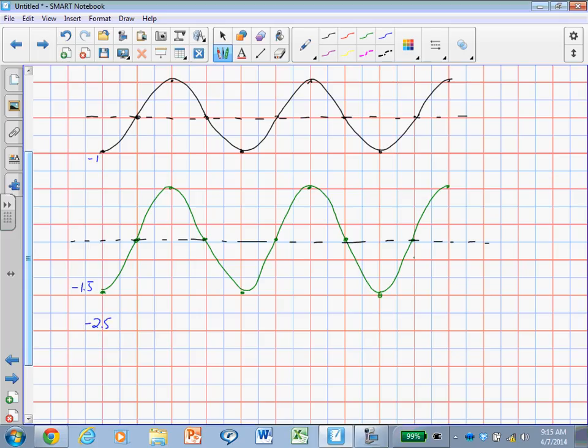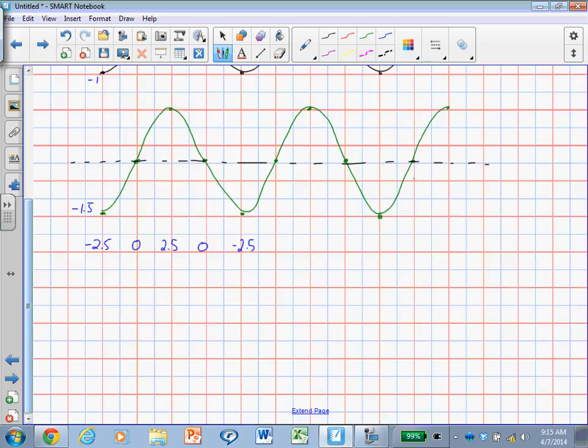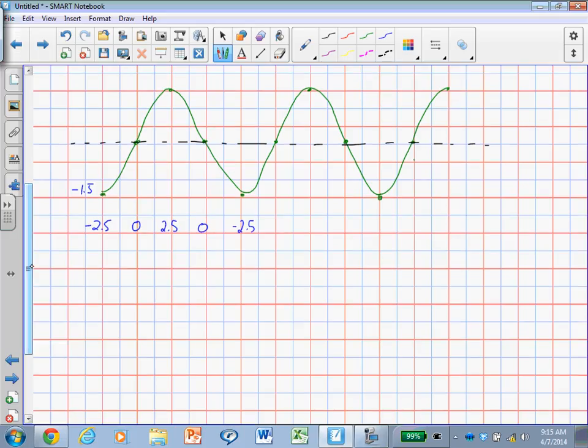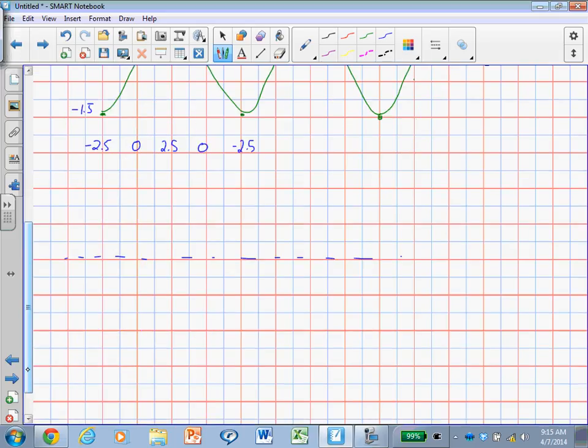0 and 0. 1 and 1.5 is 2.5. So 0, and then we repeat. Okay? So I won't do the whole wave here. But we'll have this as our midline. And we're 2.5 down.